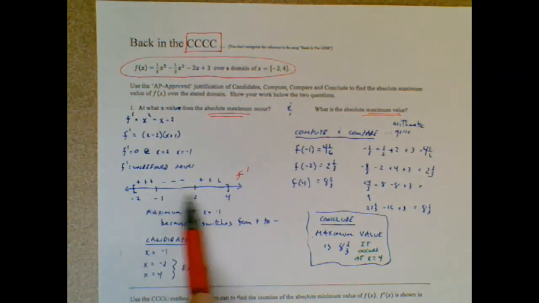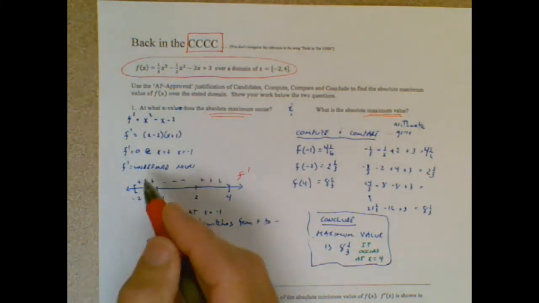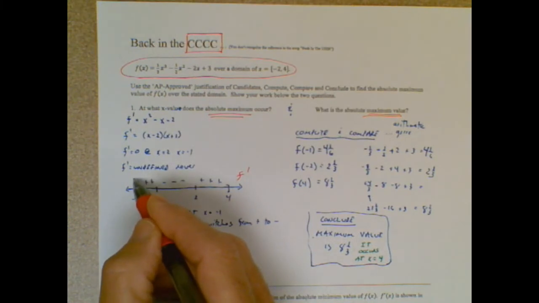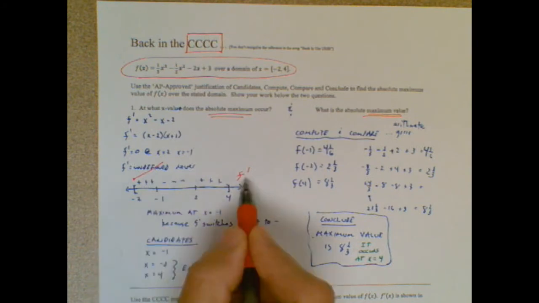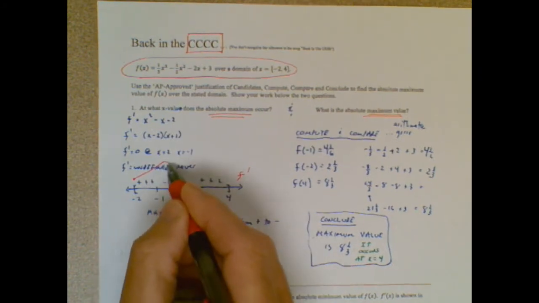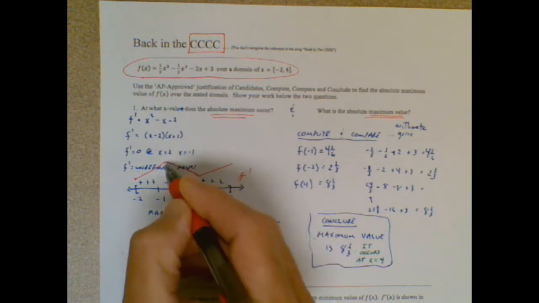After I've filled out my number line, if I wanted to find out where the absolute maximum value could be, it could be at -1, because according to my number line, my function starts out, goes uphill for a while because the first derivative is positive, then goes downhill for a while, then goes uphill for a while.